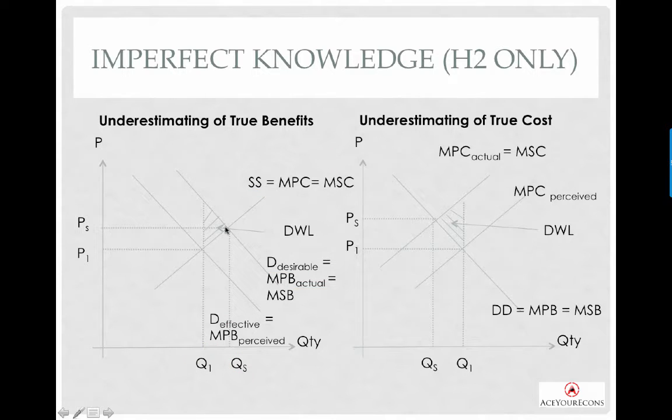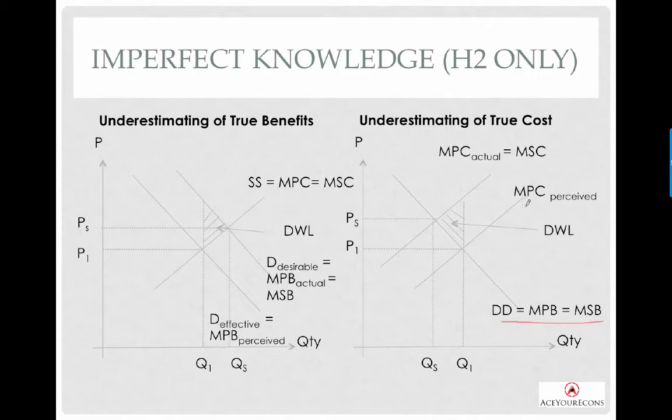And the same thing applies to underestimation of true cost. Let's use the example of a cigarette smoker. For a cigarette smoker, this is the benefit that he derives: the private benefit is equal to social benefit is equal to demand. And this is the cost that he perceives himself to incur.